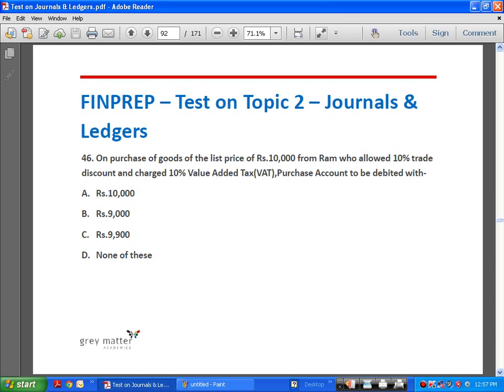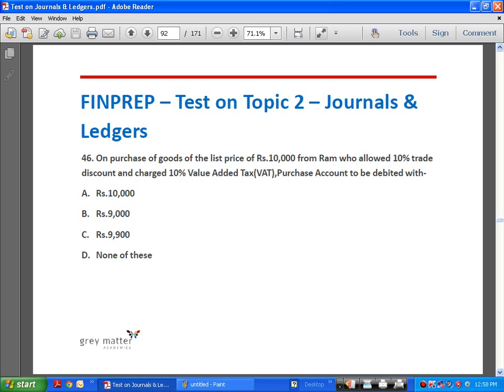Right. Question number 46. On purchase of goods of the list price of 10,000 rupees from Ram, who allowed 10% trade discount and charged 10% VAT, purchases account is to be debited with what amount? Okay, so here the list price is 10,000 rupees.